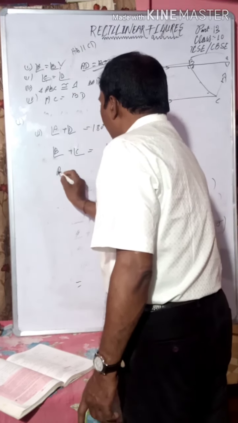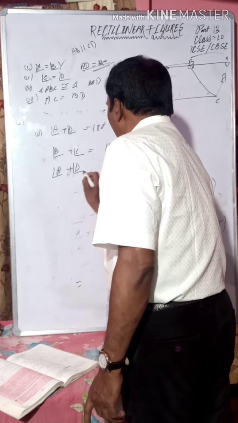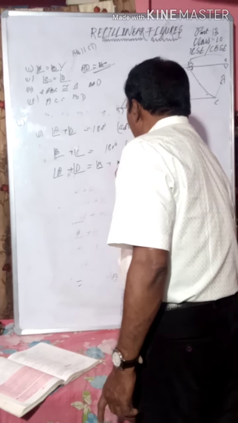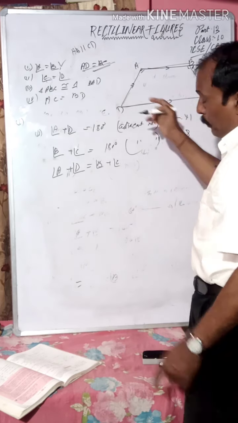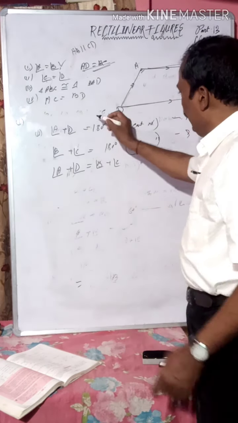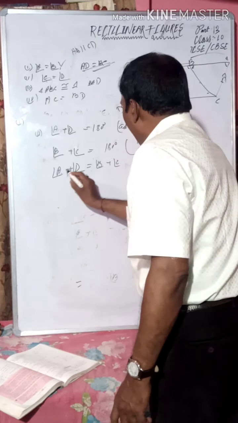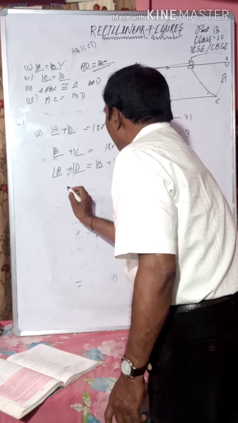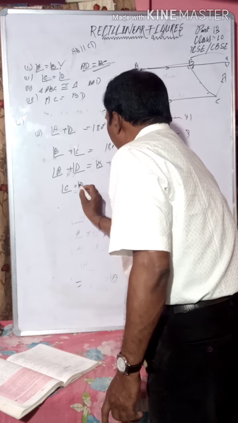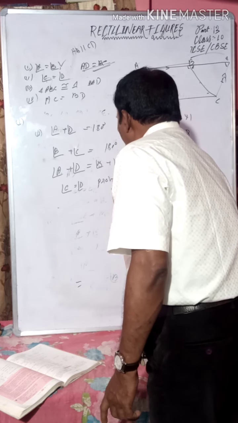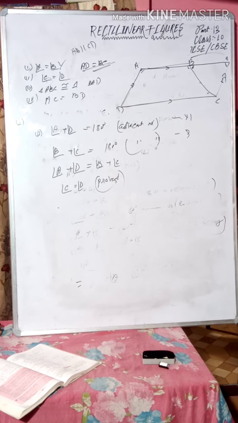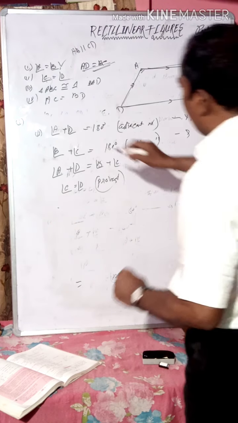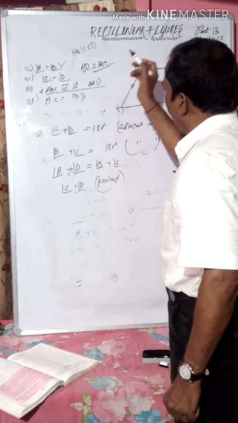Now angle A plus angle D is equal to angle B plus angle C, because equation 1 and equation 2 we proved in our first part, angle A is equal to angle B. So angle A and B cut off, leaving angle C is equal to angle D, proved. Very easy. Angle C is equal to angle D. So double I is over, then we will go to the next, triple I.